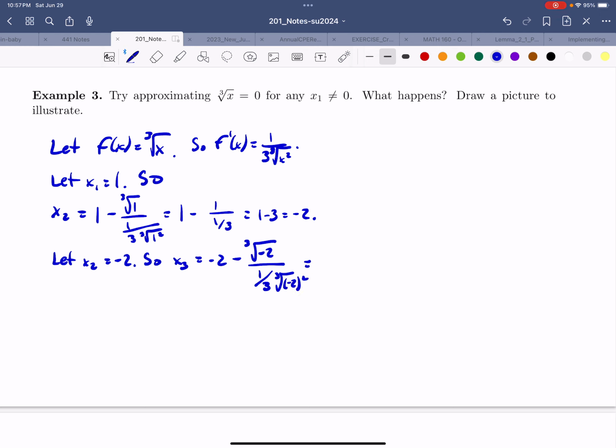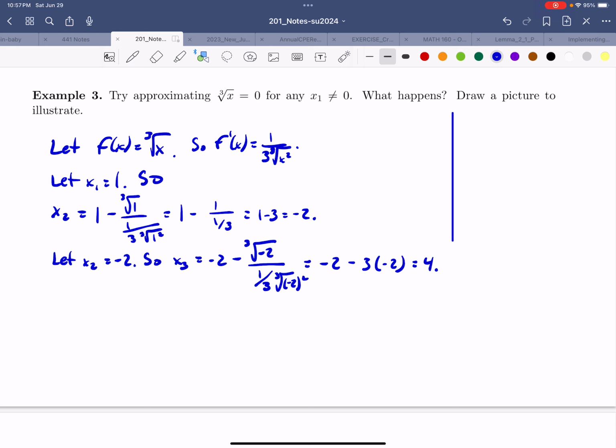If you do that out, you're going to get negative 2 minus 3 times negative 2, which equals 4. What? So we went from 1 to negative 2 to 4. Let's see what on earth is going on here.